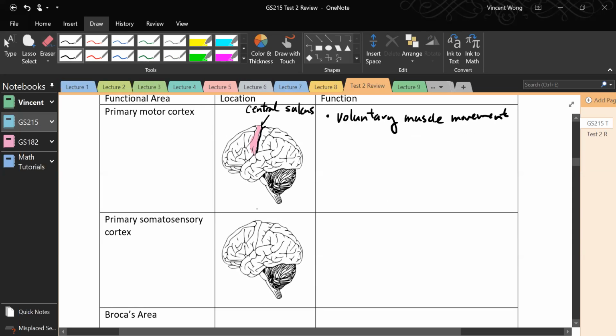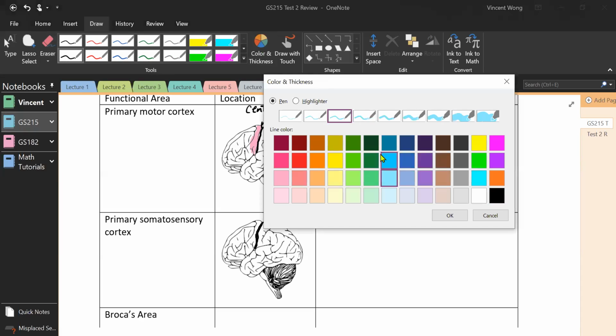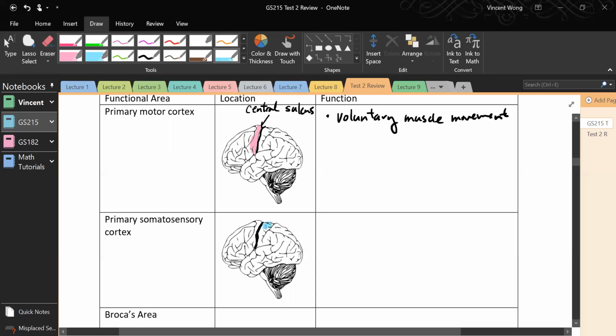Primary somatosensory cortex. Well, here it is again. There is the central sulcus. The central sulcus is the groove that separates the frontal lobe from the parietal lobe. And the primary somatosensory cortex is located right here.